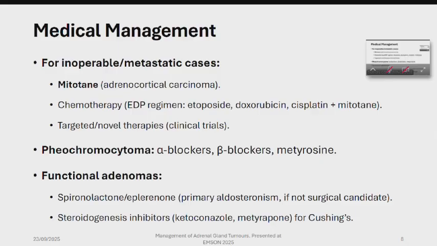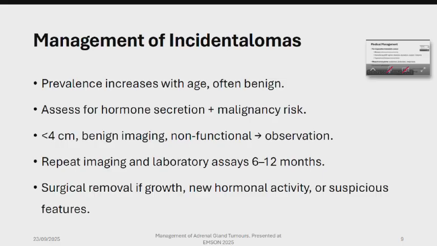Now for functional adenoma, spironolactone or eplerenone may be useful, especially in patients with primary aldosteronism, if the candidate is not fit for surgery. And we can use ketoconazole, metyrapone for those who have symptoms of Cushing's syndrome.